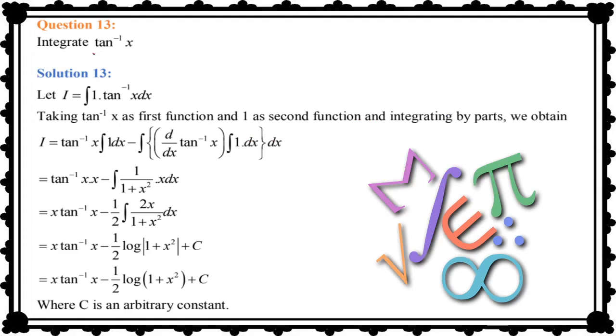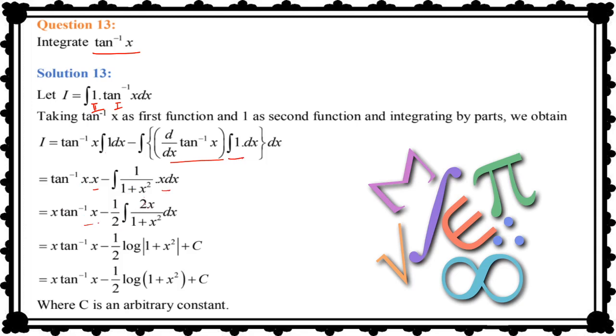Question number 13, integrate tan inverse x. Same concept, we are taking tan inverse x as the first function and 1 as the second. First as it is, integral of 1, which is x, minus integral of derivative of tan inverse x, which is this 1 upon 1 plus x square, integral of second, which is x. And now x tan inverse x as it is, what are we doing here?